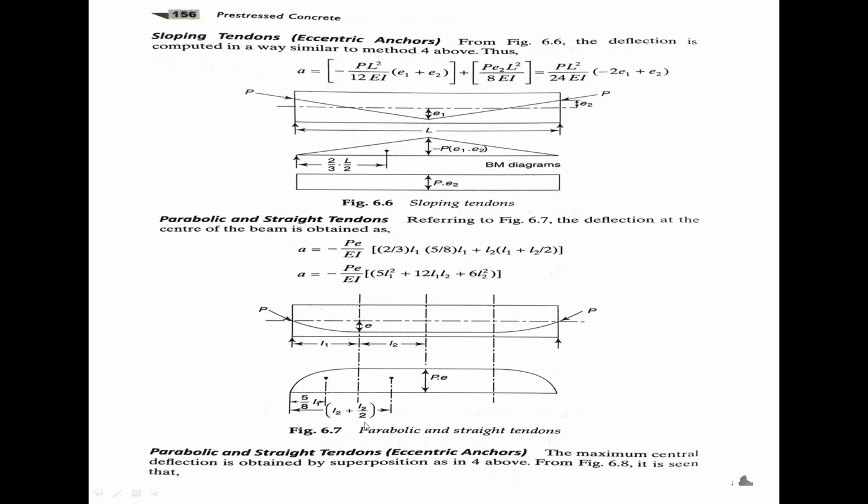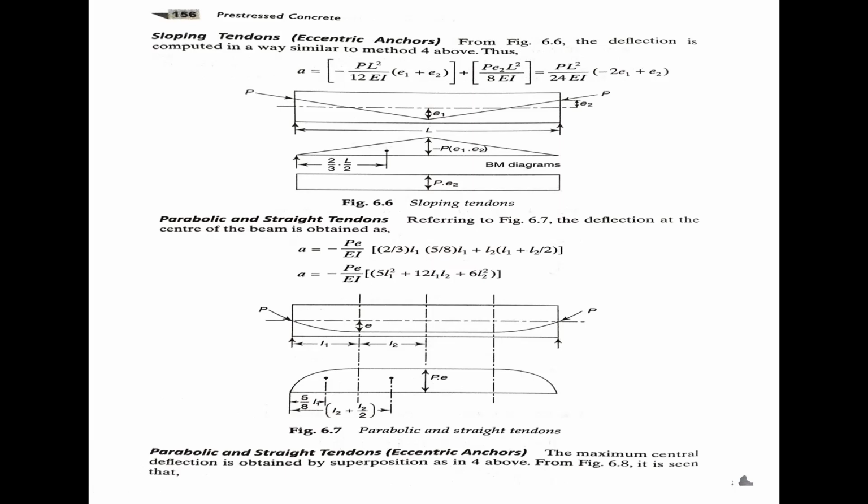Now finally A equal to, this is the negative bending moment diagram. Upward we take into negative PE by EI into 2 by 3 L1 into 5 by 8 L1 plus L2 into L1 plus L2 by 2. We take the distances for the parabolic condition and the straight line condition.